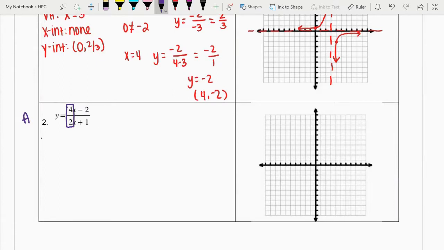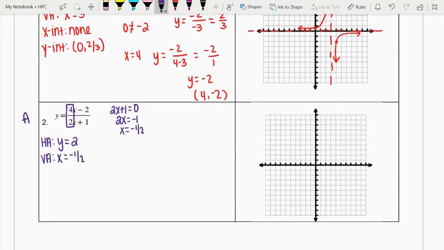So I know that my horizontal asymptote is going to be y equals 4 over 2, which simplifies to 2. And then to find my vertical asymptote, I set the denominator equal to 0 and solve for x. So x is going to be equal to negative 1/2.